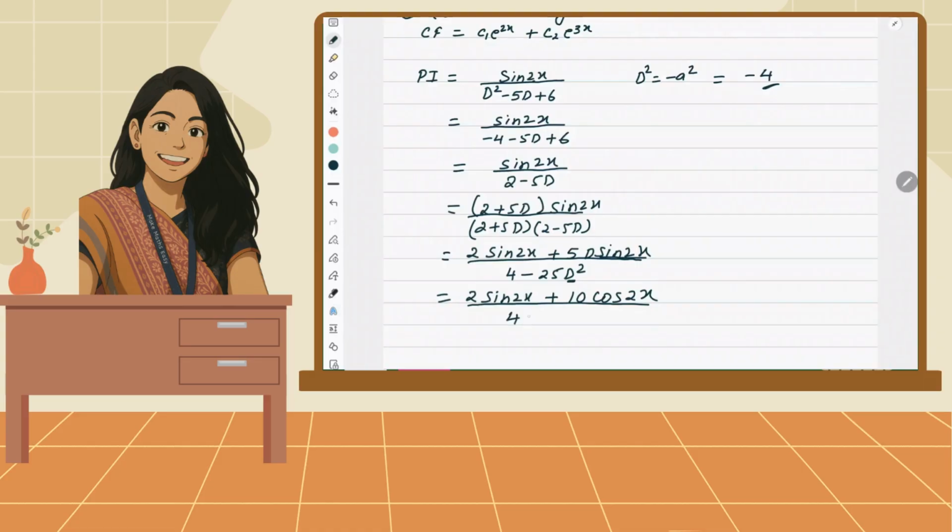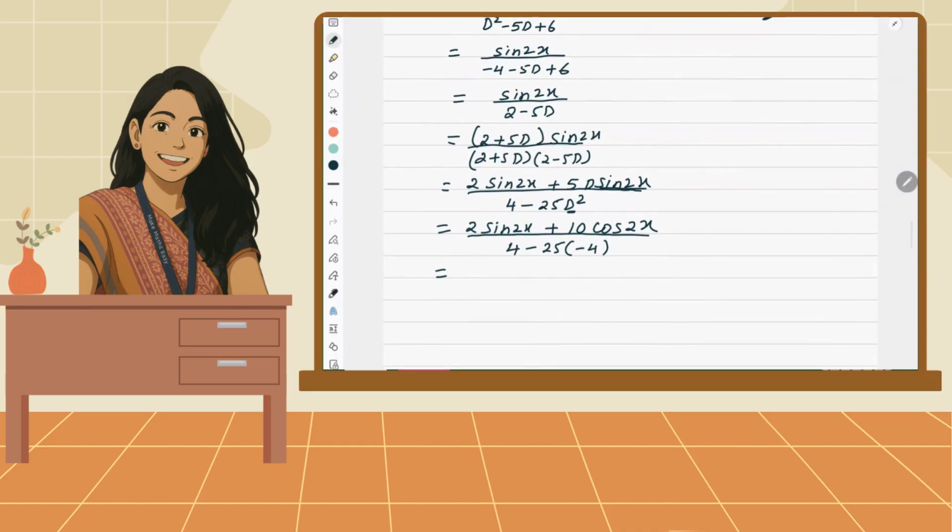Upon 4 minus 25 times minus 4. Now 25 into 4 is 100, and 100 plus 4 is 104. So it is 2 sin 2x plus 10 cos 2x upon 104. So this is my PI.